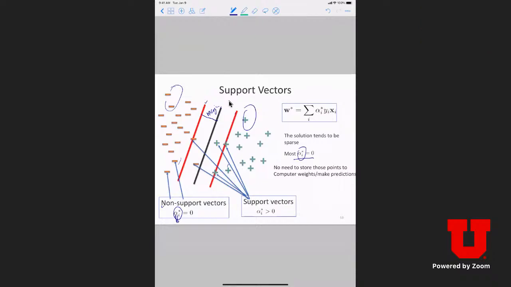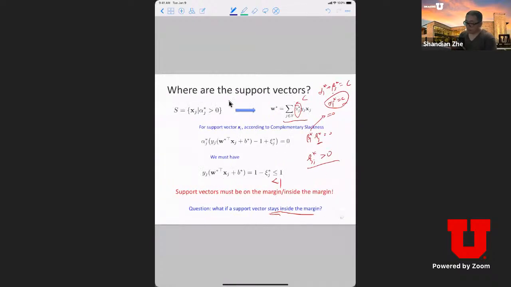Can we modify this by saying that this is actually outlier detection? Like anything for which alpha is greater than 0 is supposed to be an outlier to a certain class. Yeah, of course, because this is derived from the complementary slackness.